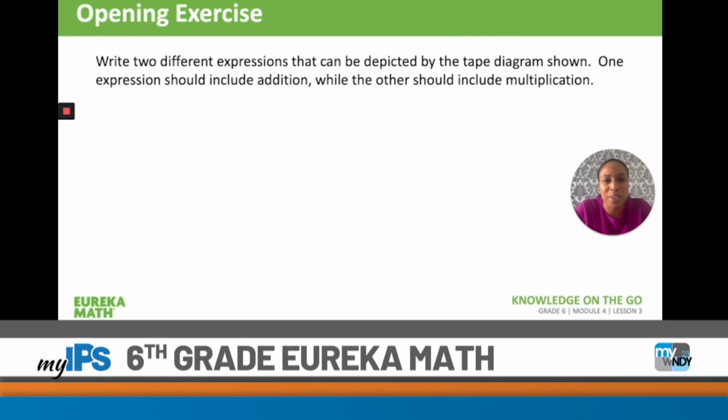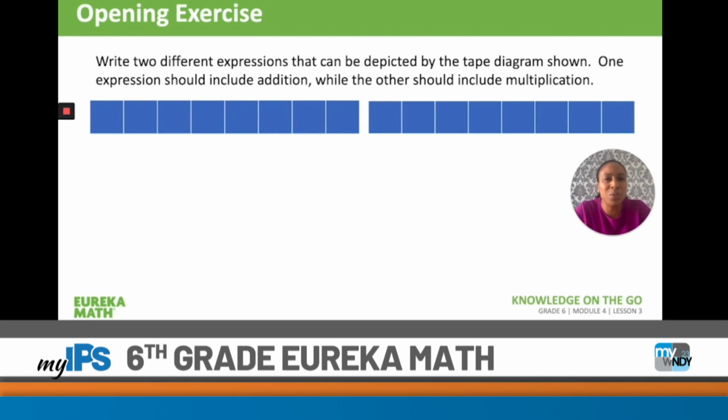Let's try another one. In this diagram, how many units are in each tape? 8. How can you write that as an addition expression? 8 plus 8.